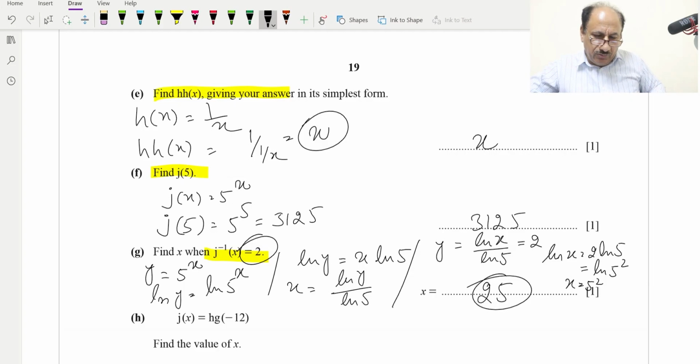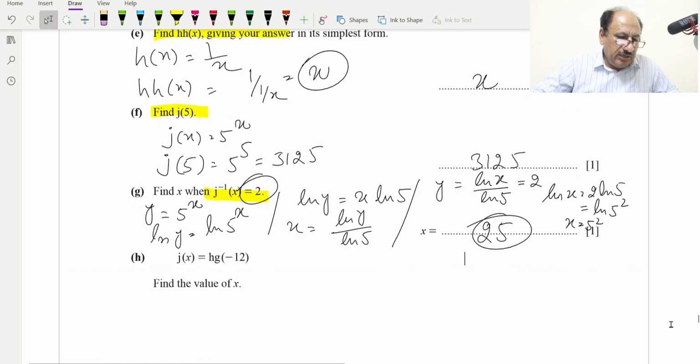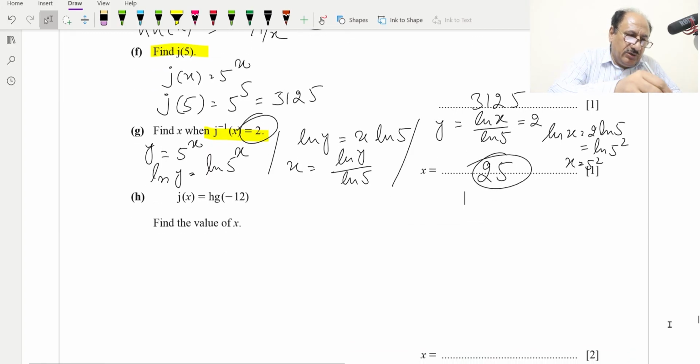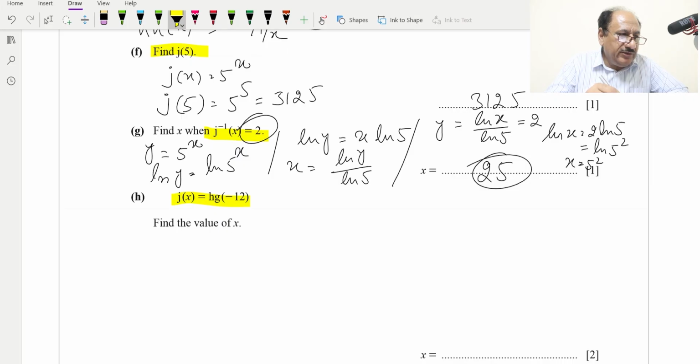Hopefully you understood this. Now the h part is what? The h part is hg of minus 12. So first we will be finding g of minus 12. We'll start from this side.